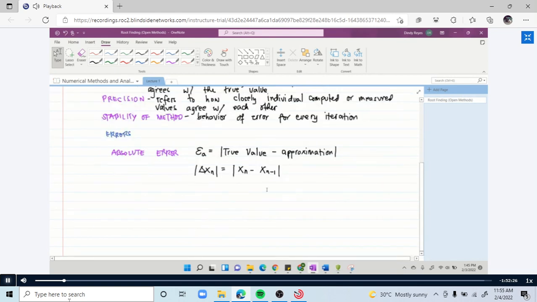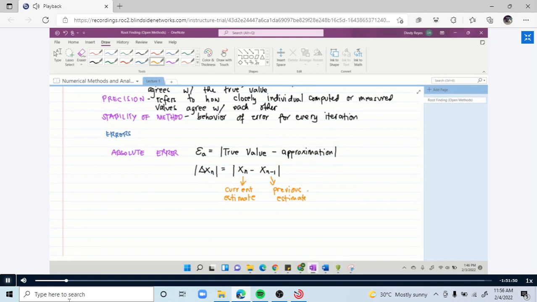Well, delta, of course, means change, no? So change in x yan. So x sub n is our current estimate or approximation. And then this one is our previous estimate. So if you want to know the error between two successive iterations, you use this.